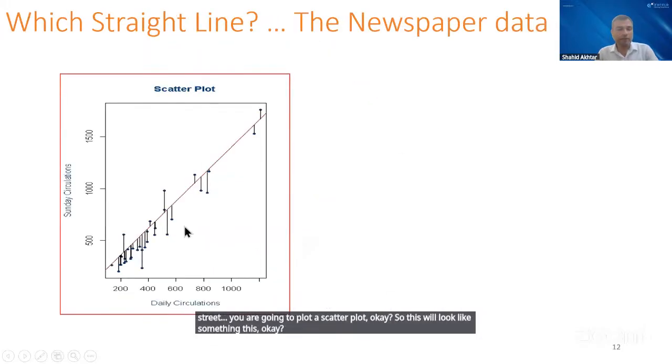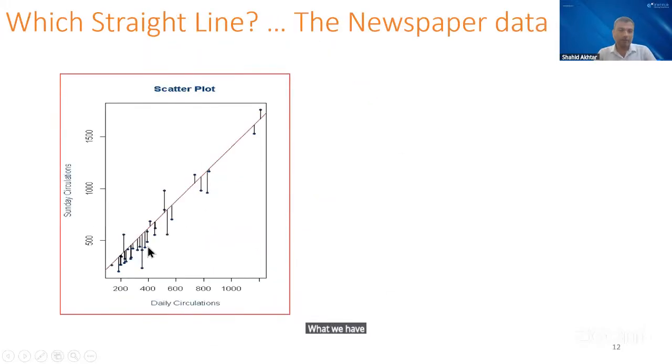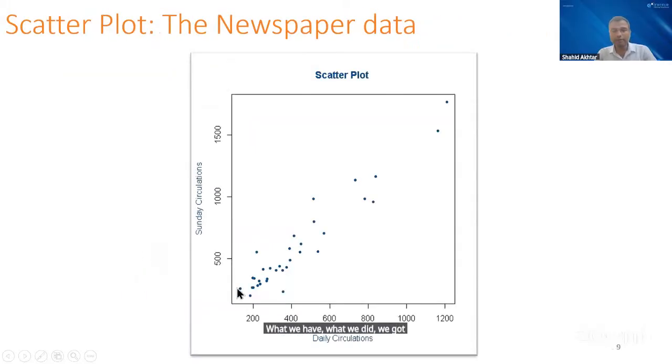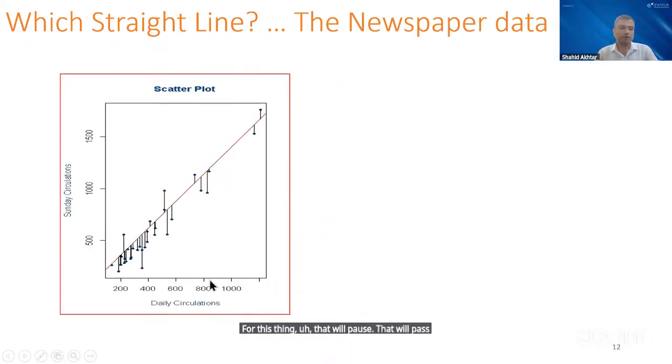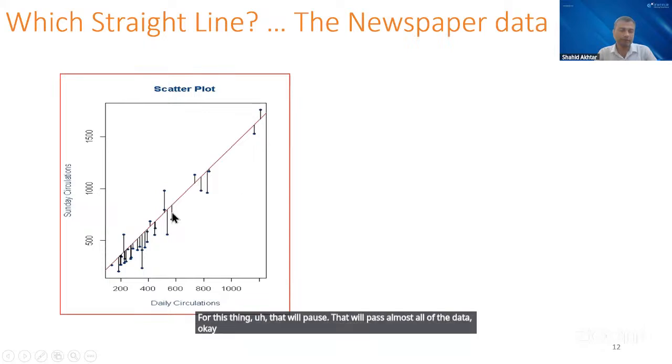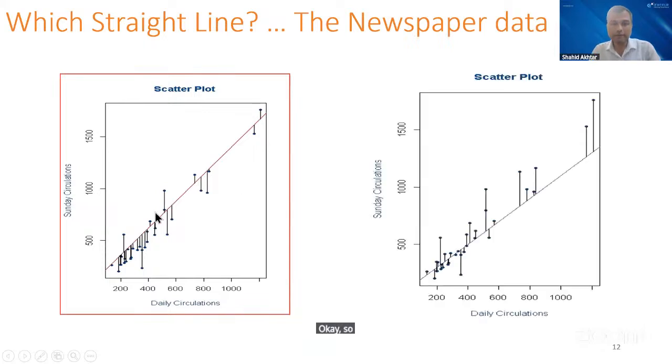What we are going to do is plot a straight line that will pass through almost all of the data, most of the data. Let's say I'm going to plot two different lines.